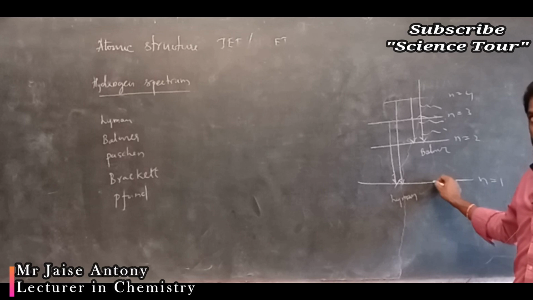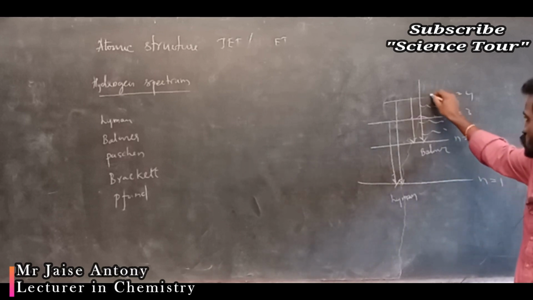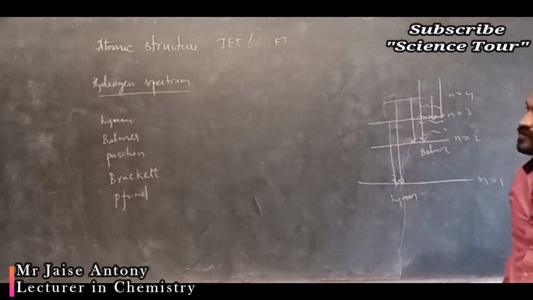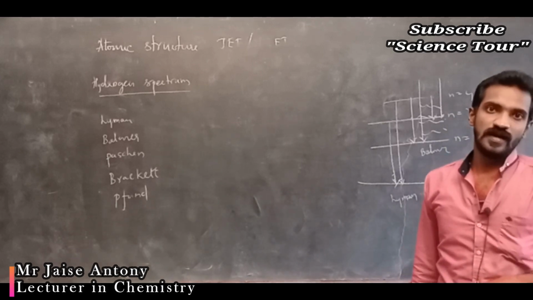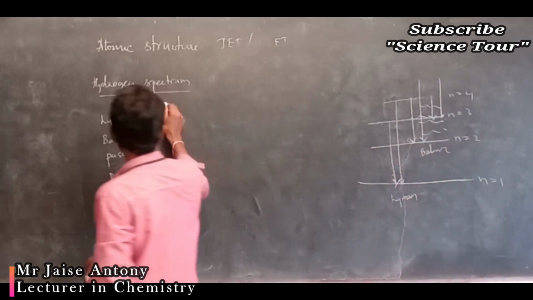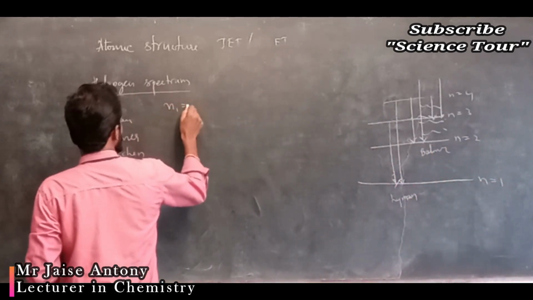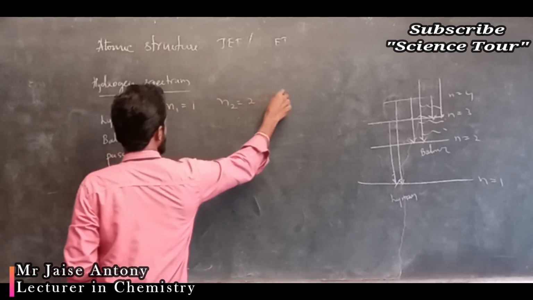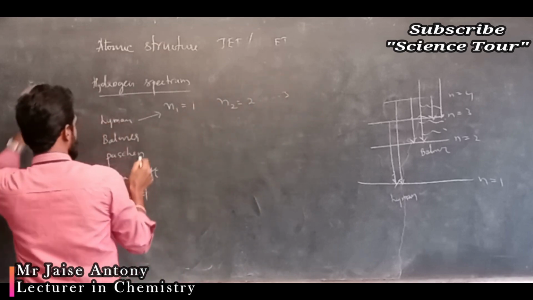While coming back it emits radiation and reaches only n is equal to 3 level. That is called Paschen series. Understood? N is equal to 4 level, Brackett series, Pfund, like that. So here n1 is equal to 1 for Lyman, n2 is the next higher energy levels, 2, 3, 4, 5, like that.